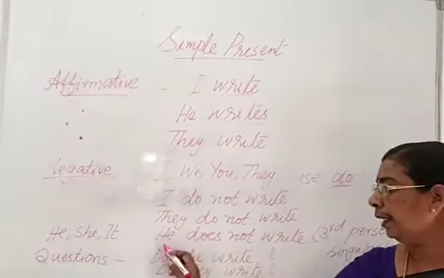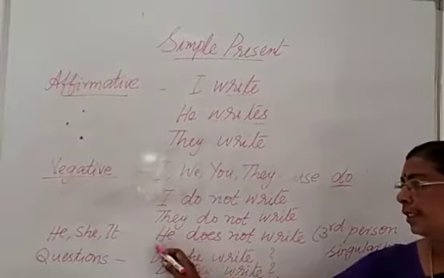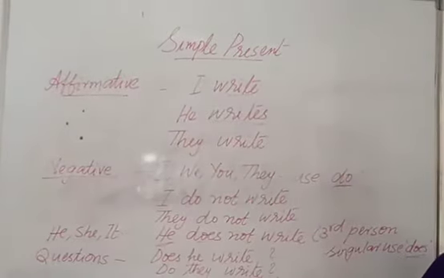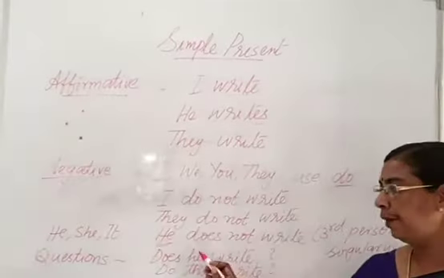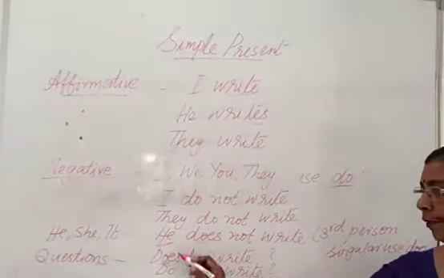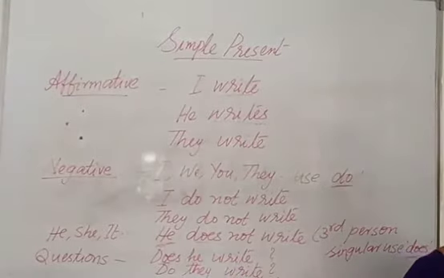Here, he does not write. He is the subject here, does is the verb here. So to make it into a question, what did we do? We brought the verb first, does, and then the subject. Does he write?